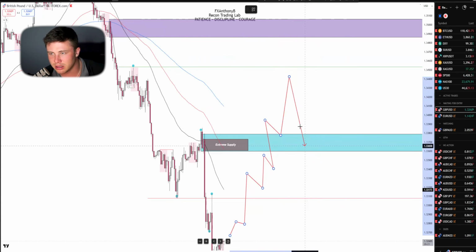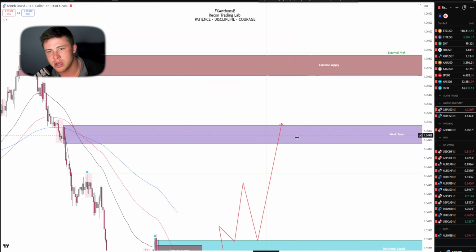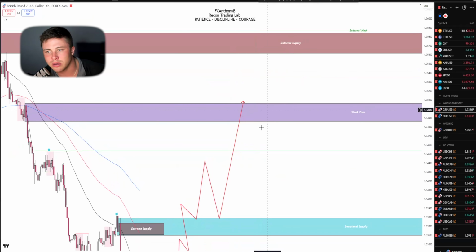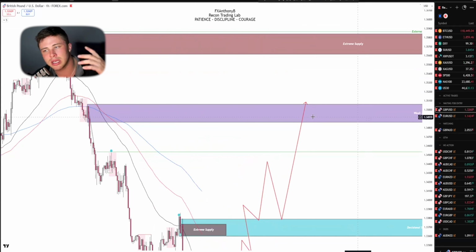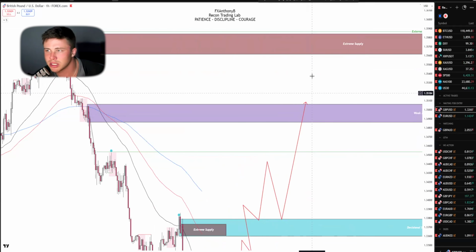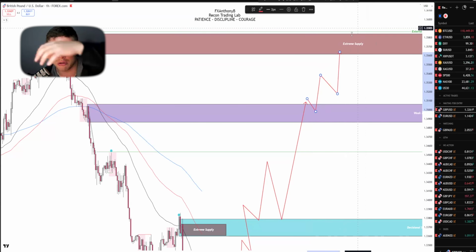And then it does this, and then it pushes, right? But now you know you should not take a sell off this zone, right? This is the 4 hour. If price is all the way up in this weak zone, you already know in your head, okay, I shouldn't be waiting to sell at this zone because the extreme supply is just above. And you know that this is a big old magnet right here, right? There's a big old magnet.